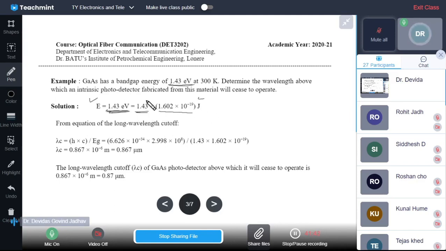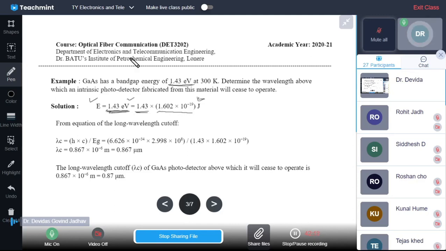Electron volt is converted into joule by multiplying by 1.602 into 10 raised to minus 19, and joule is converted into electron volt by dividing by 1.602 into 10 raised to minus 19. If we have joule and need electron volt, we divide; if we have electron volt and need joule, we multiply. This we have to remember.